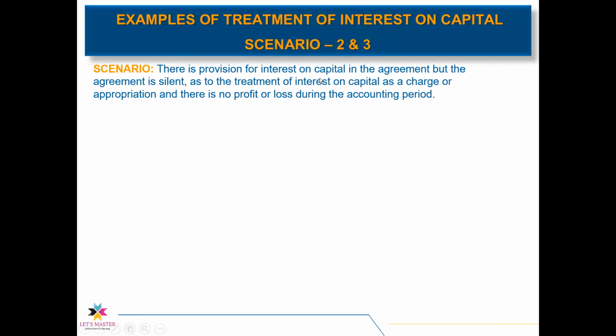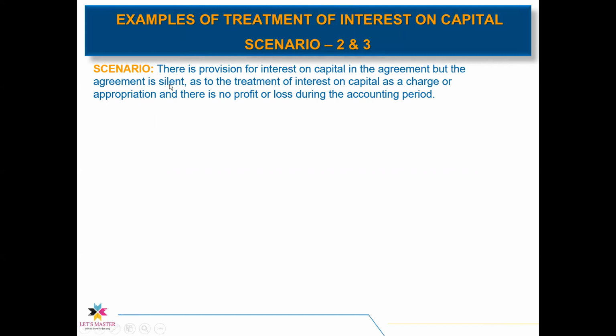There is provision for interest on capital in the agreement, but the agreement is silent as to the treatment of interest on capital as a charge or appropriation, and there is no profit or loss during the accounting period. So here, two things.